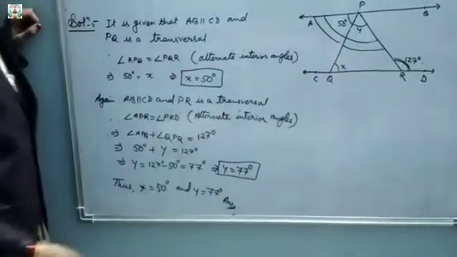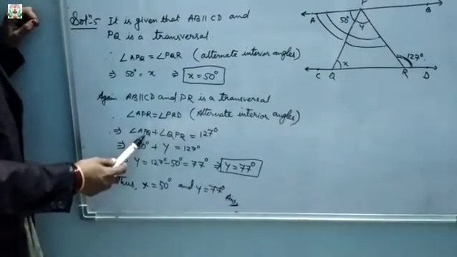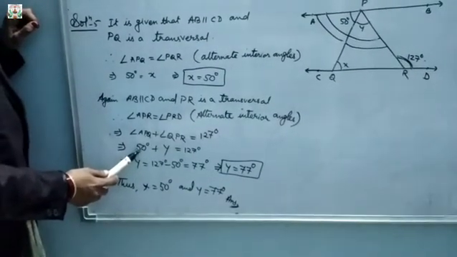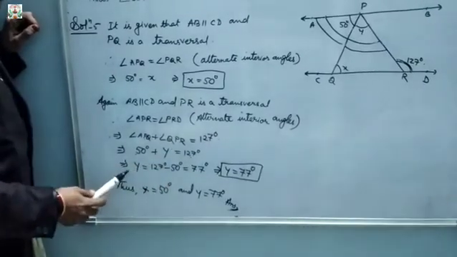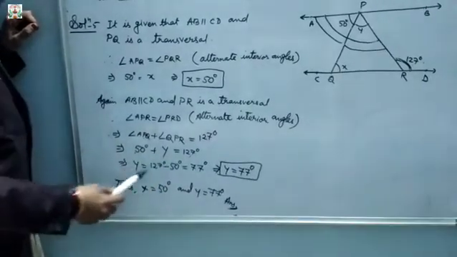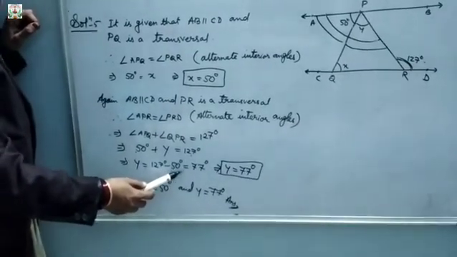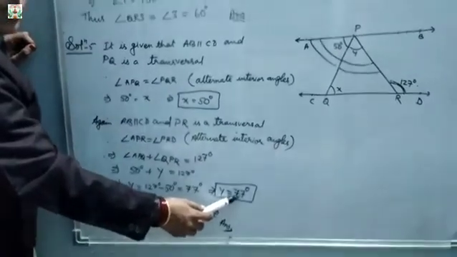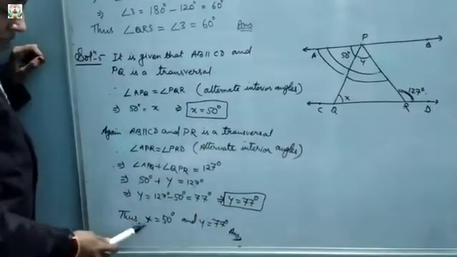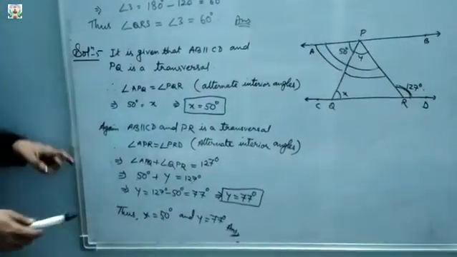This angle is 127 degrees. Now angle APQ we know is 50 degrees, so 50 degrees plus Y is equal to 127 degrees. By transposing we get Y equals 127 degrees minus 50 degrees, which gives 77 degrees. So the Y value will be 77 degrees. Thus X value is 50 and Y value is 77 degrees.